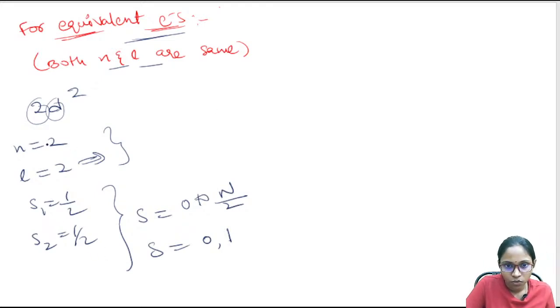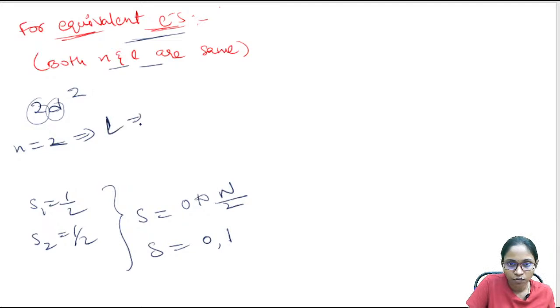For 2 electrons we will also have L values, right?